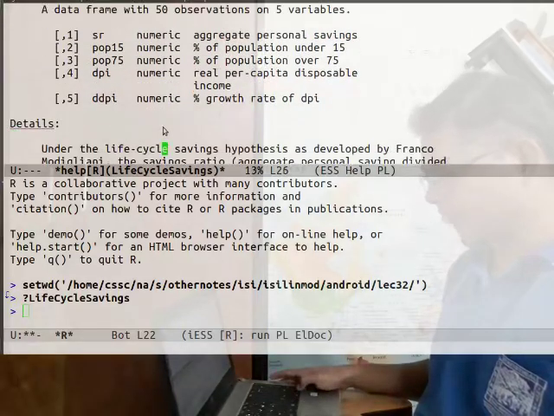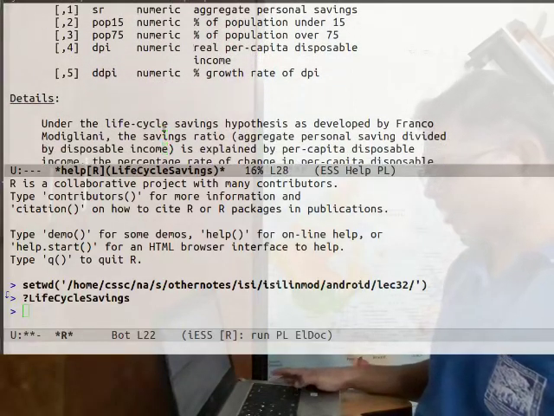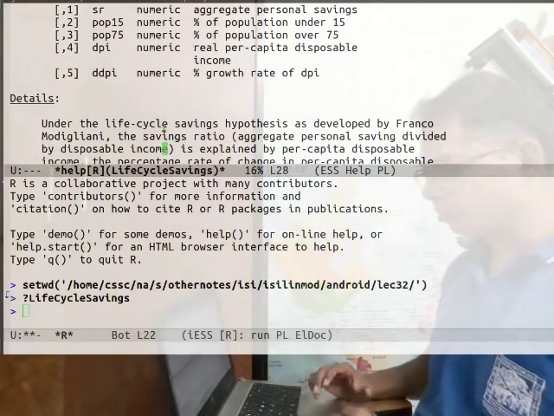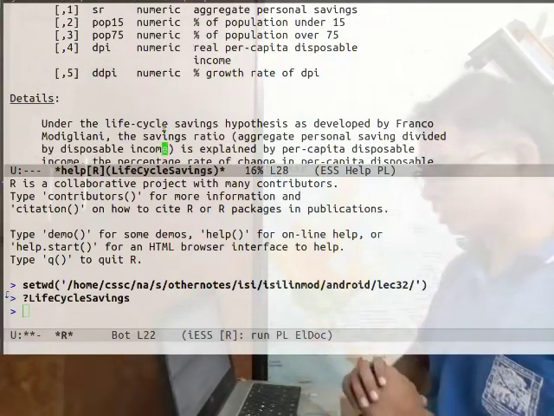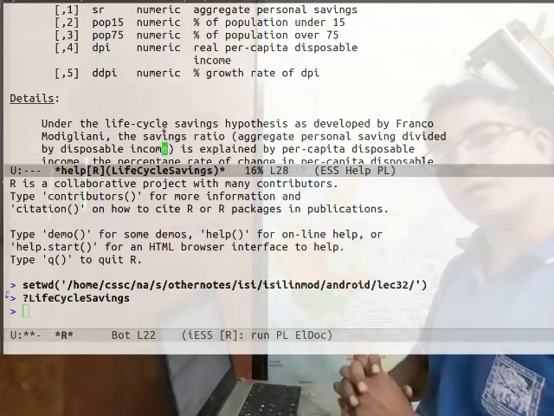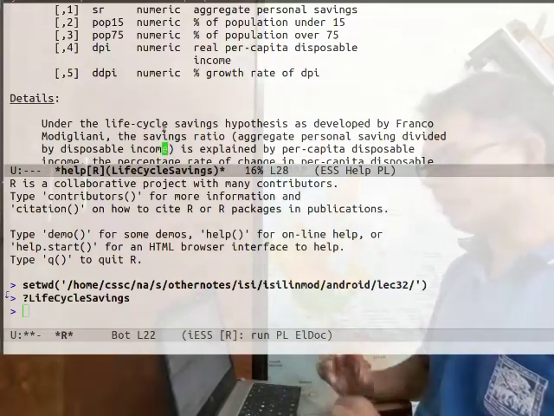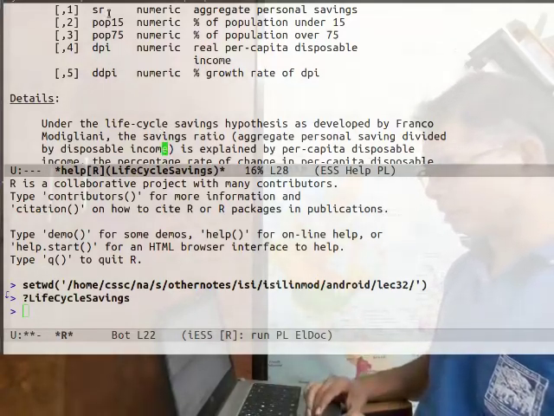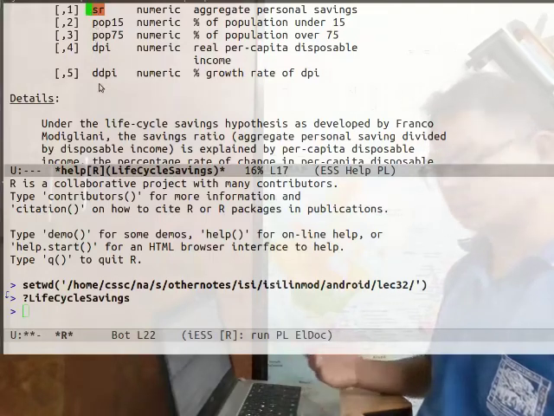So briefly speaking, there are a number of countries. The countries are the basic units in our data set, and for each country we have a number of variables measured. Out of these, this SR is our response and the remaining things are the predictors.